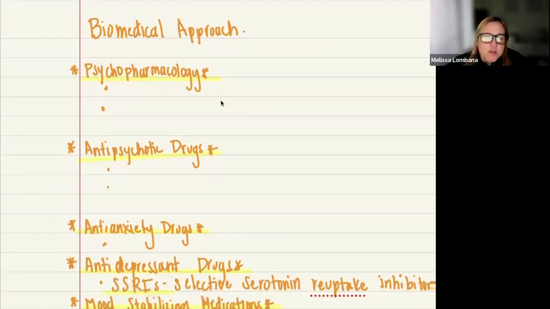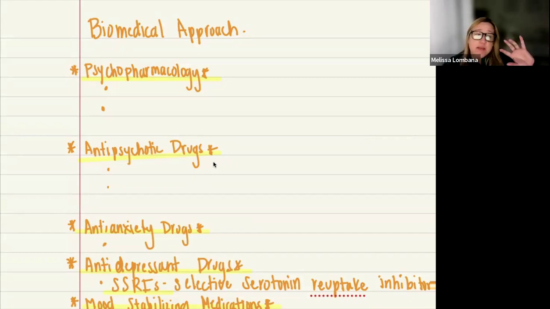So the first one is going to be antipsychotic drugs, and these are typically medications that are there to treat schizophrenia or really severe thought disorders, such as bipolar, or people that are having hallucinations or paranoia, or even confused thoughts. Now, the chemicals in antipsychotic medication act like antagonists to the neurotransmitters.